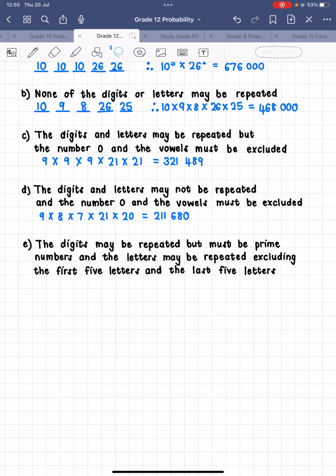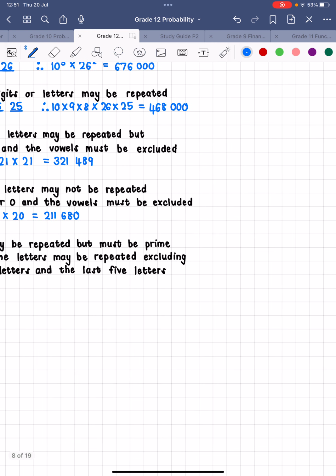The digits may be repeated, but must be prime numbers, and the letters may be repeated, excluding the first 5 letters and the last 5 letters. So we're excluding 10, so we have 16 to choose from. Now let's quickly count the prime numbers. Maybe I must list them here for you so that you can write them down. 2, 3, 5, and 7.